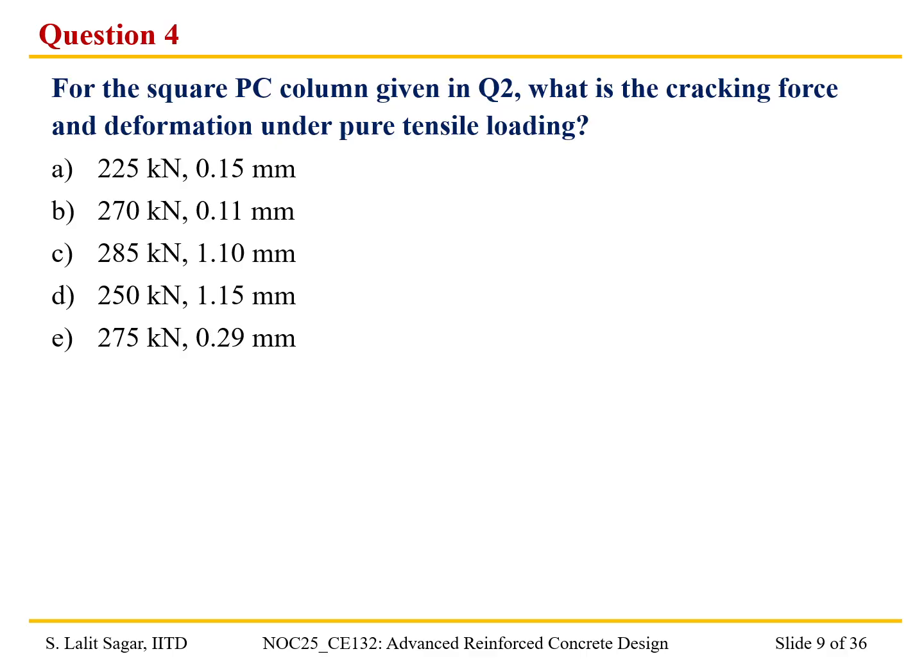As we know, plain concrete is very weak in tension. We need to determine what is the force corresponding to the cracking of the plain concrete column and the deformation under pure tensile loading. Kindly take 1 or 2 minutes and let me know what would be the correct response.